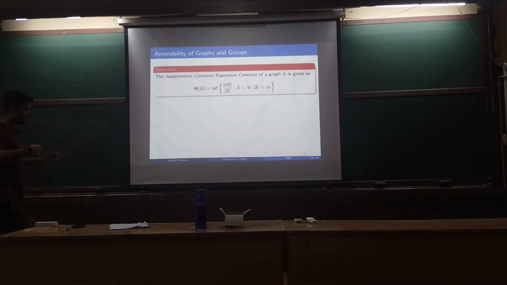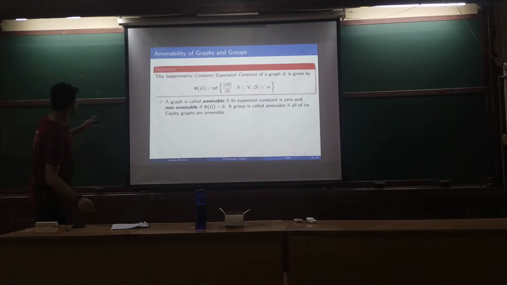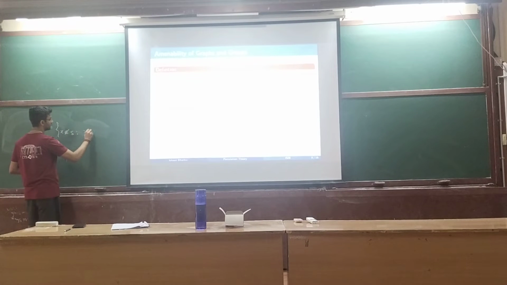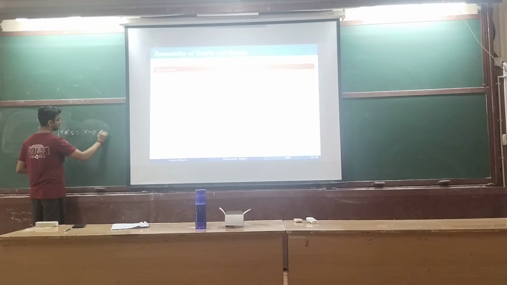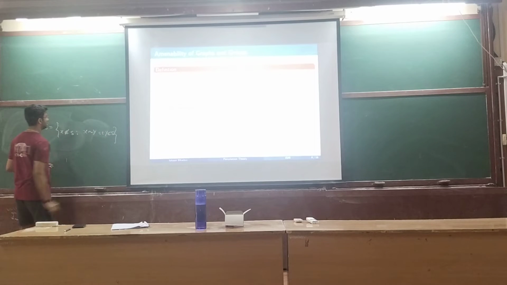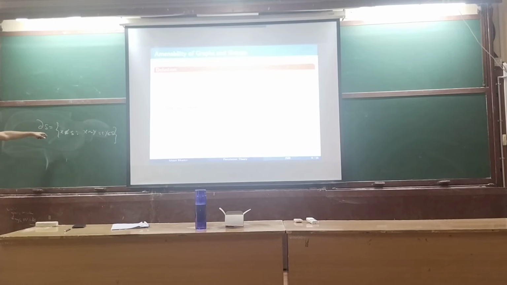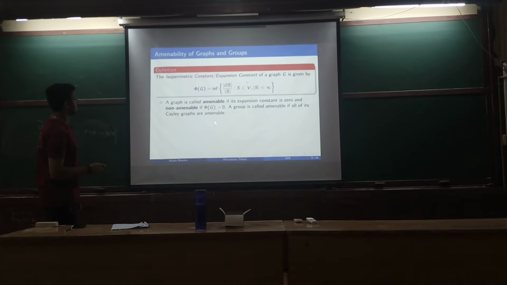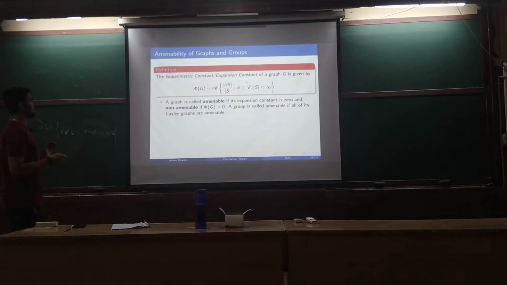The boundary is the set of all points outside of S which are connected to some point inside. We look at this constant phi_G, and we call a graph amenable if this expansion constant is 0, and non-amenable if it's positive.